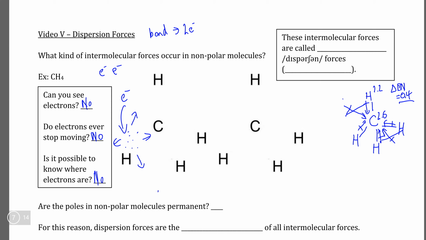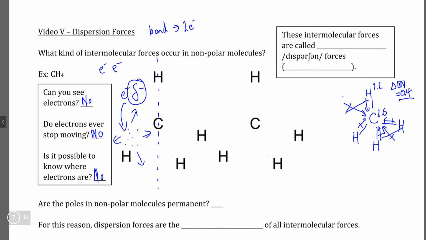However, if we stop time and if we split this molecule in half like this, because all 8 of the electrons in the 4 bonds are here, that means that right now, the left side of this molecule has more negative charge because all the electrons have moved to this side. Conversely, the right side of this molecule has no electrons, which means right now, the right side of this molecule has a temporary positive pole.